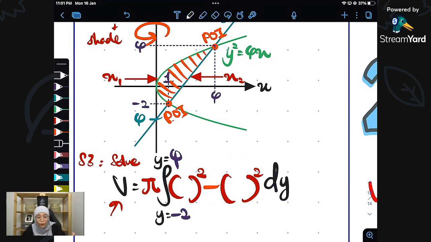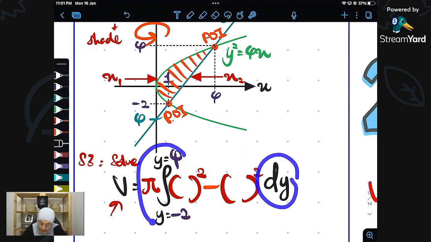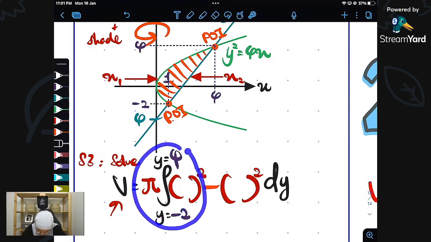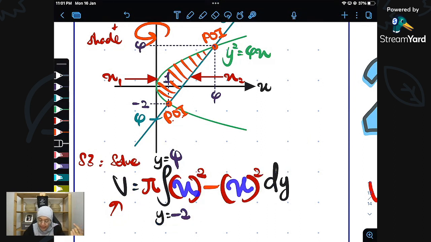But before I go deeper, let me tell you, apabila hujung-hujung ini adalah dy, limit is also y, therefore di dalam ini mestilah function x. Okay, so I label it the function x. Tapi dua-dua ni x.